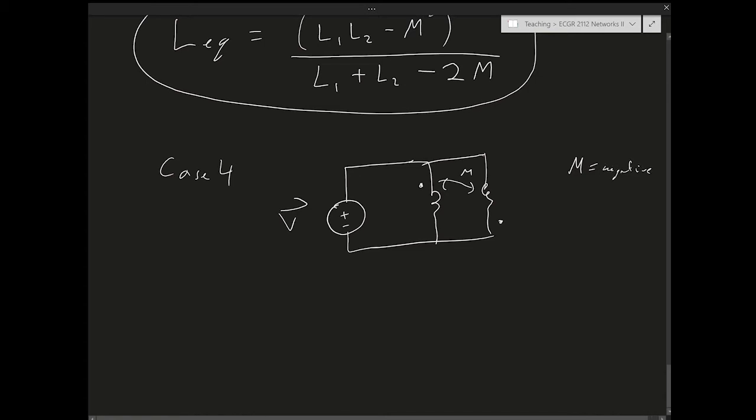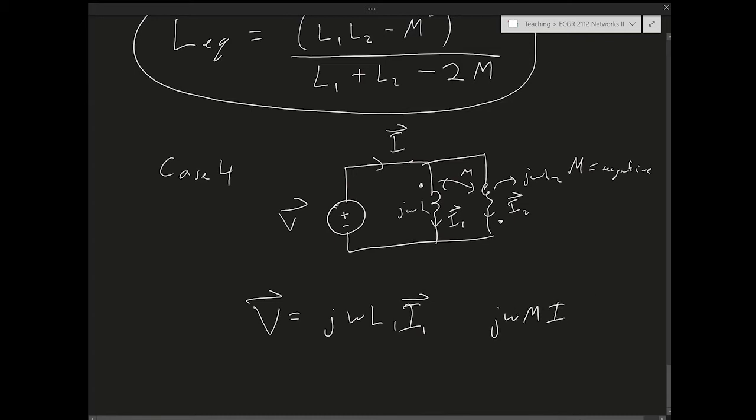So let's write the equations actually for case 4. So V equals, this is I1 and this is I2 and this is I. V equals j omega L1 I1, and now I have the mutual term j omega M I2. It's good to do it just to show you what happens.